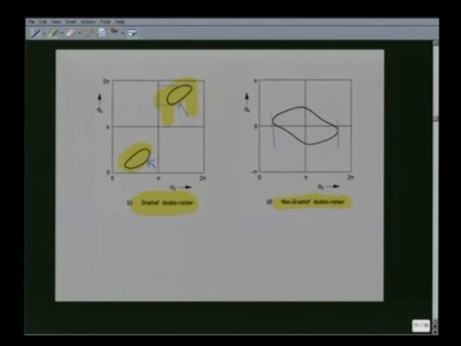Theta 2 is restricted within this region, theta 4 is restricted within this region. But there is only one curve, because there is only one mode of assembly, and as you see, this curve shows that the mirror image configuration can be taken up by the same assembly. You can generate the entire curve by one mode of assembly.